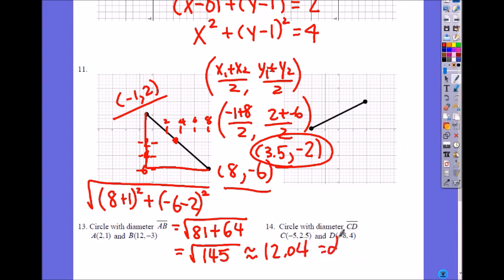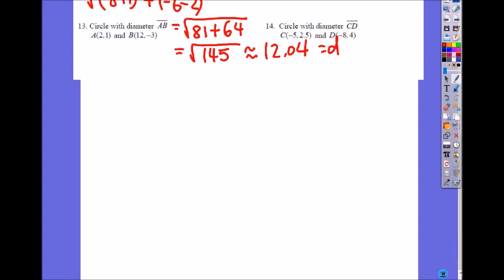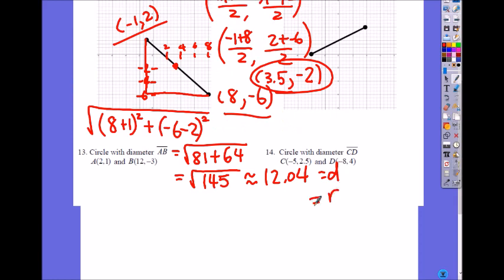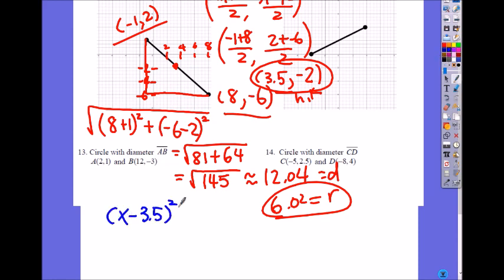Square root of 145 equals 12.04. This is the diameter. So then how do you find the radius? Radius will be half of it, which is 6.02. So now once you have your center, h and k, and the radius, you can write the equation of the circle, which is (x minus 3.5) squared plus (y minus negative 2), so it's plus 2, squared equals radius squared.